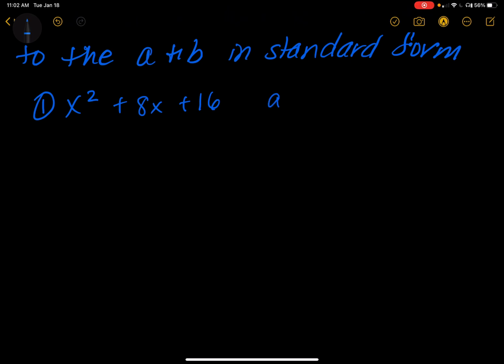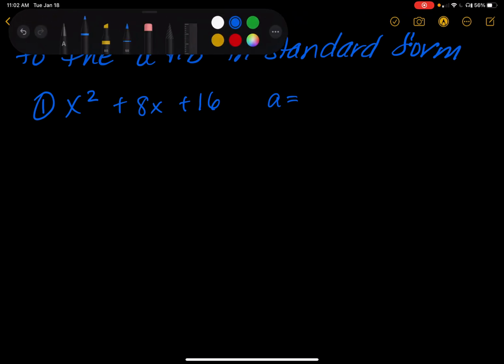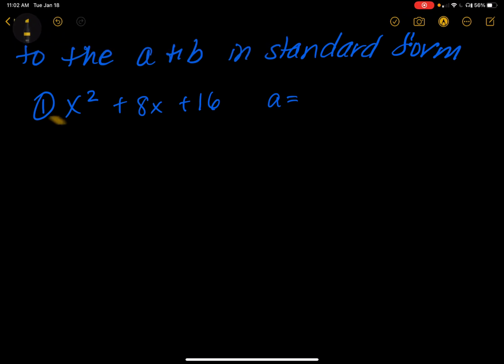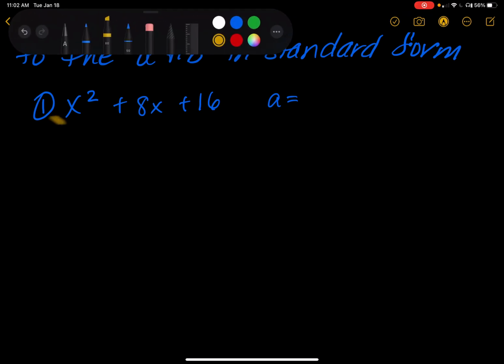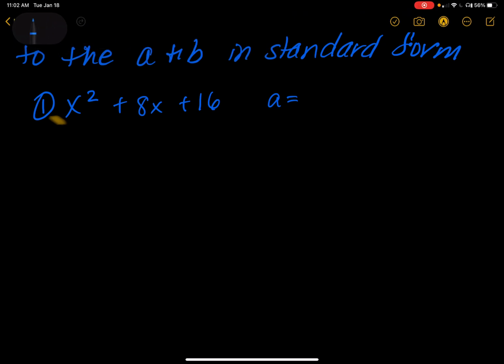So the very first thing we need to do, as usual, is to identify our a, b, and c. Our a is understood. It's what's in front of the quadratic term. And so that's an understood 1. So our a is 1. Our b is positive 8. And our c is positive 16.